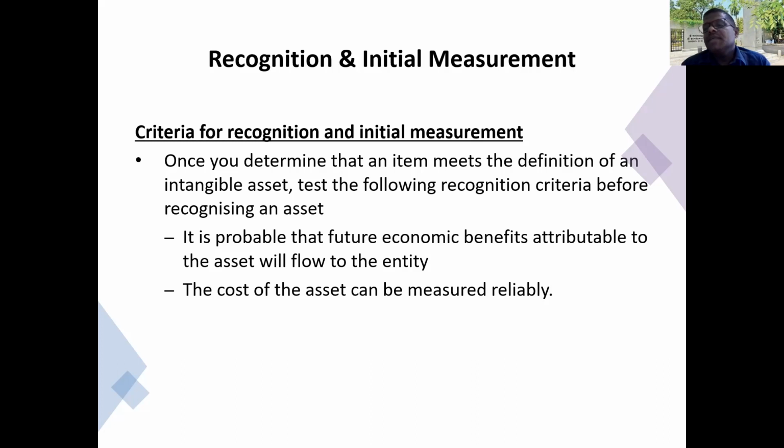Those are based on the old 2010 conceptual framework. But there is a revised 2018 one, where asset recognition criteria talk about relevance and faithful representation. If you can ensure relevance and faithful representation, you can recognize any asset in the financial statement as per the new conceptual framework.